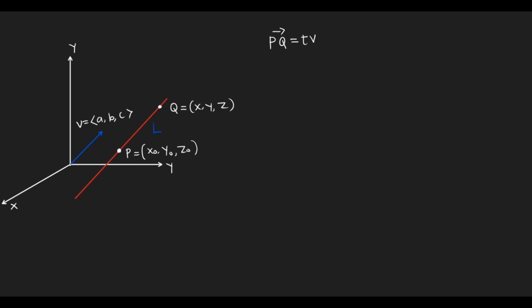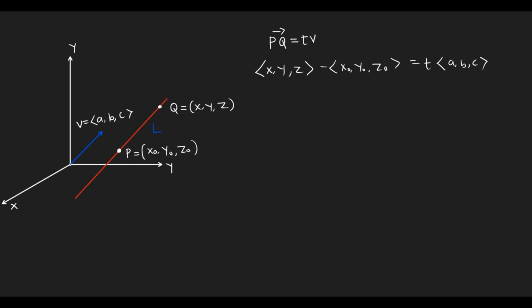So we have vector PQ to be x, y, z minus x naught, y naught, z naught, and this should be equal to the scalar t times vector V, which has components a, b, and c.